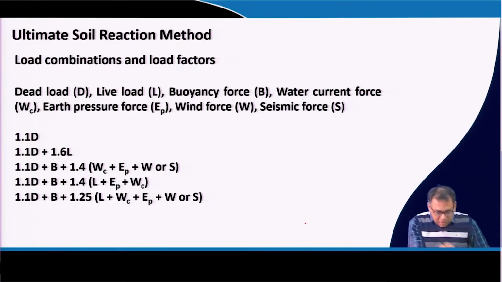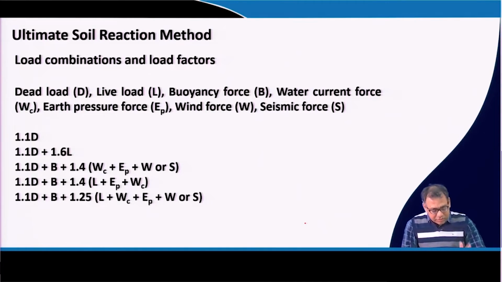Then the load combinations that we have to consider during the design or the check are: dead load alone; dead load and live load; dead load and buoyancy load; then water current, earth pressure, and wind load or seismic load. It is quite uncommon that the seismic force and the wind force will act at the same time, so that is why we take either wind load or seismic load.